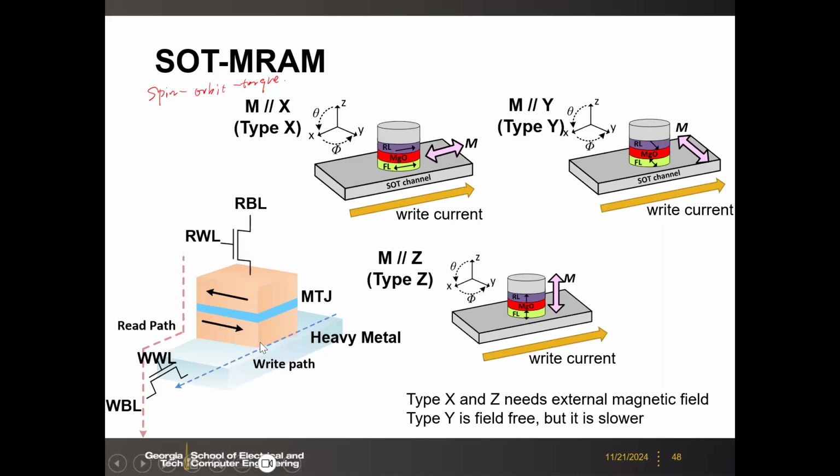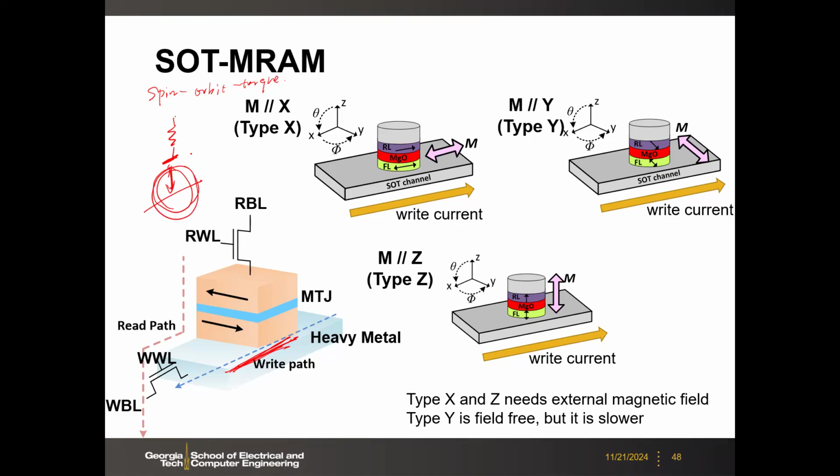This is actually similar to the field MRAM. We are going to have an underlying write word line. The difference is that in the field MRAM, this underlying word line is separate from the MTJ, with a dielectric in between.